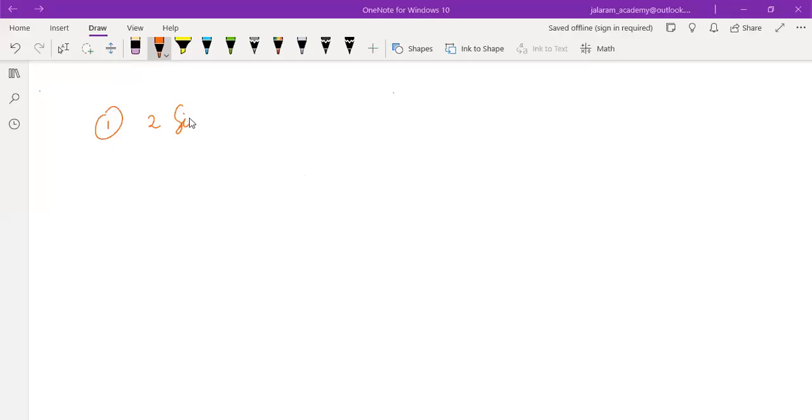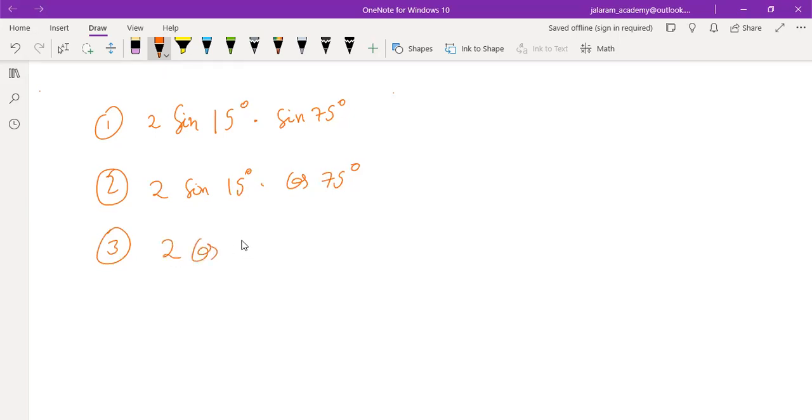So let's now learn how to use these formulas. For example, if we have to find 2 sine 15 degree into sine 75 degree, or 2 sine 15 degree cos 75 degree, or 2 cos 75 degree into sine 15 degree, or 2 cos 75 degree into cos 15 degree.